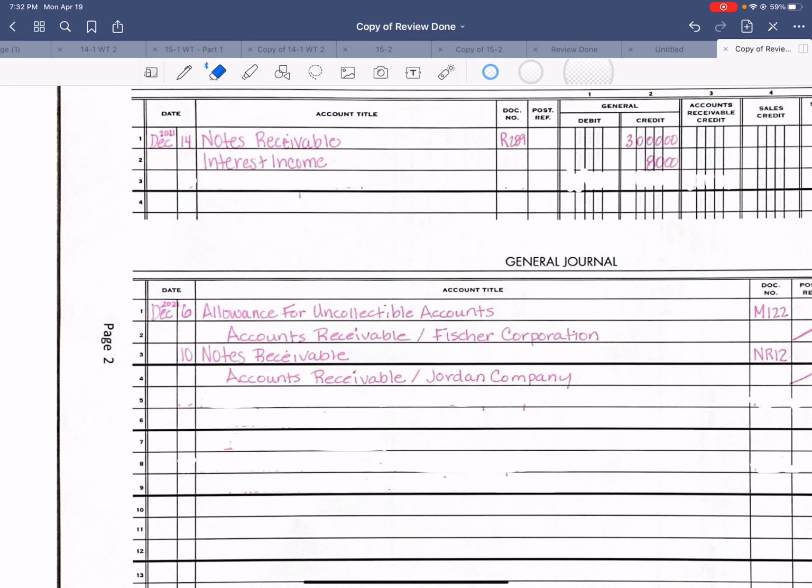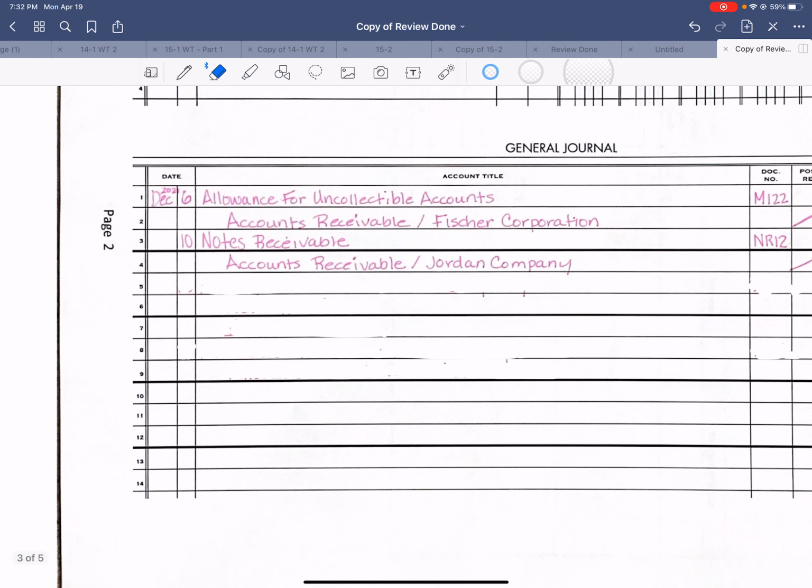All right, you should have went to your general journal. The date is the 20th. We have accounts receivable, Lane Company. We have notes receivable, and we have our interest income.